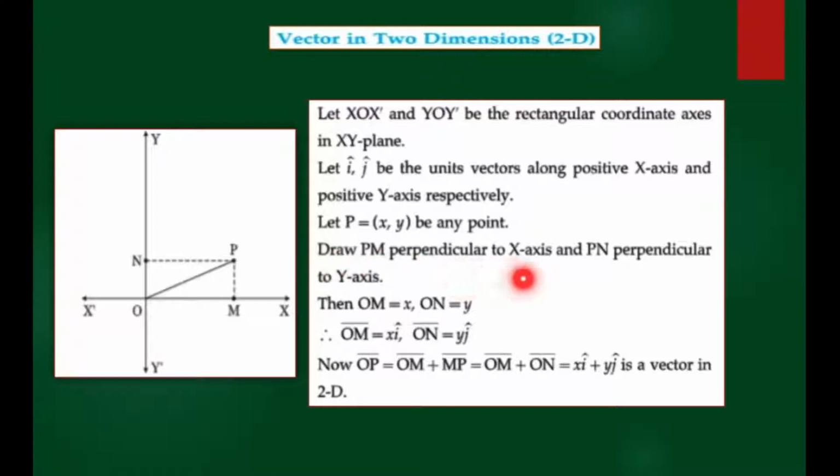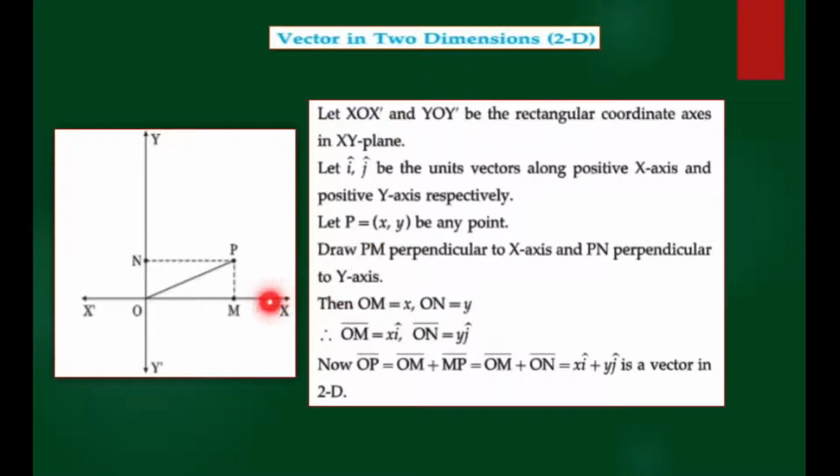Draw PM perpendicular to the x axis and PN perpendicular to the y axis. So from P we draw perpendiculars on the positive x axis and on the positive y axis. Then OM equals x and ON equals y. Here we consider Cartesian form.